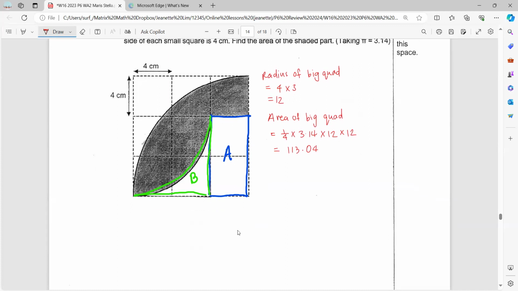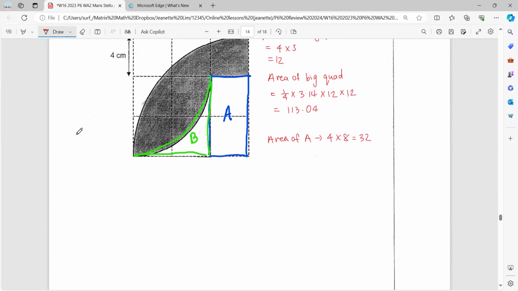So to find area of A, this is 4. This is 8. So 4 times 8, area of A. Okay, now let's find area of B. To find area of B, we have to take the area of this square minus away the area of this small quadrant.